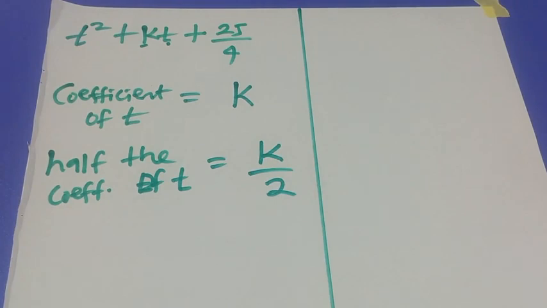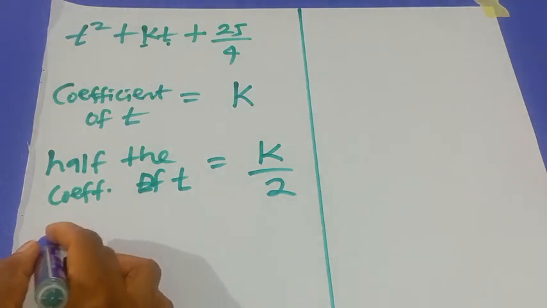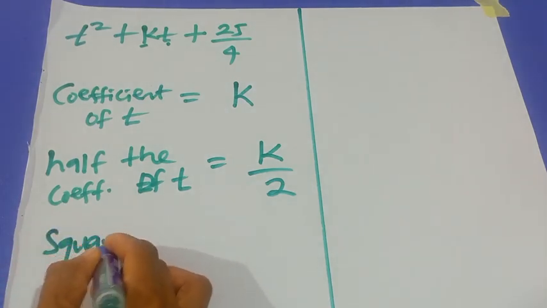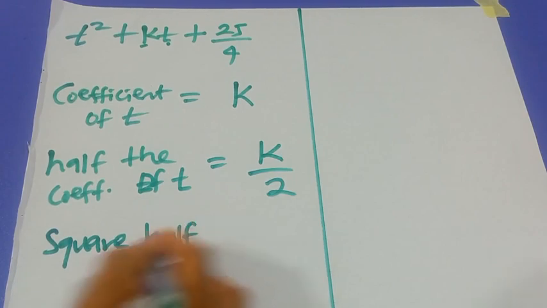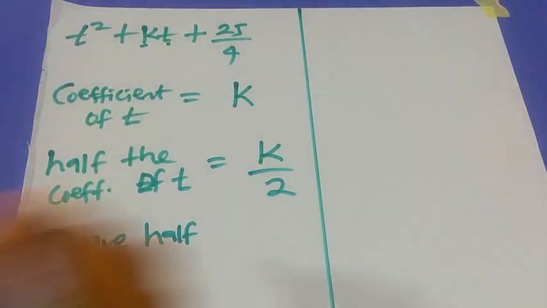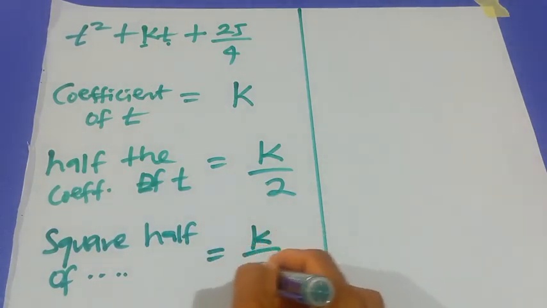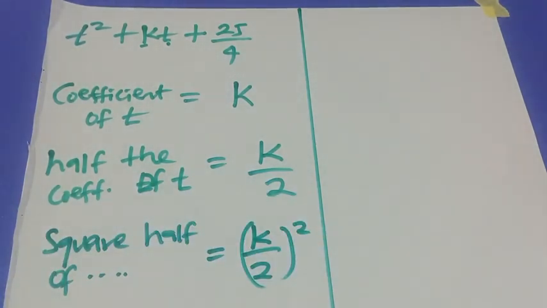That's why you need to watch that video on the completing the square method. Then what again do you do? You square half of the coefficient. So you are going to say k over 2 all squared. This is the number that you need to make it a perfect square.